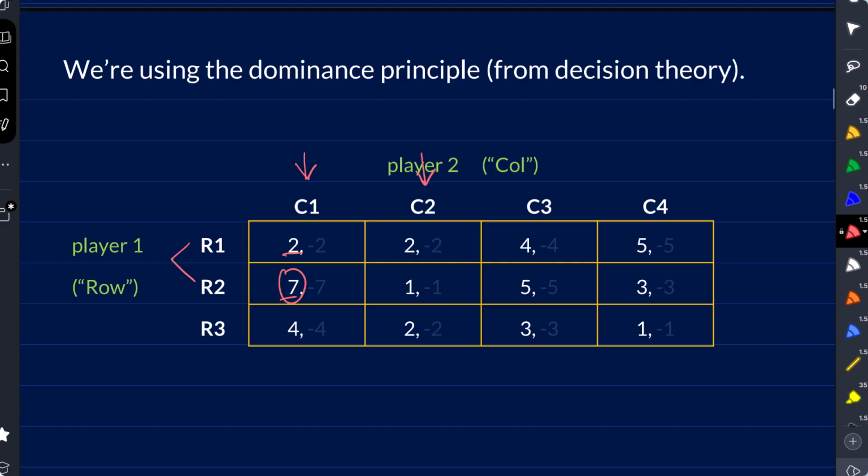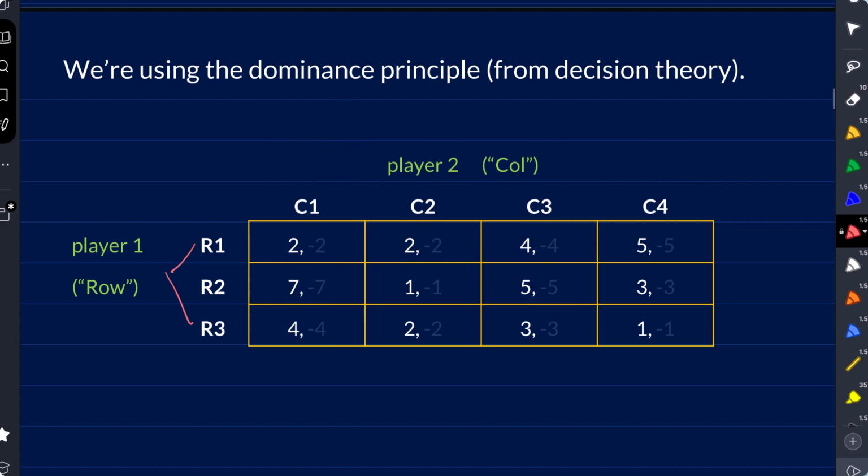If C2 happens, that would be R1. So neither one of these strategies is going to dominate the other. If C3 happens, then R2 is better, and if C4 happens, then R1 is better. So neither dominates the other.